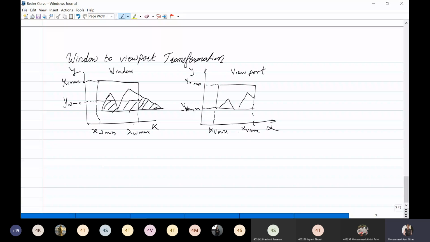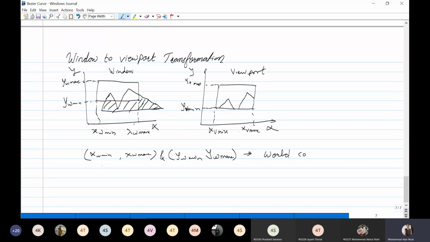So xw minimum and xw maximum are for x coordinates, and yw minimum and yw maximum are for y coordinates. It is nothing but Cartesian coordinates, so we call that the world coordinate.